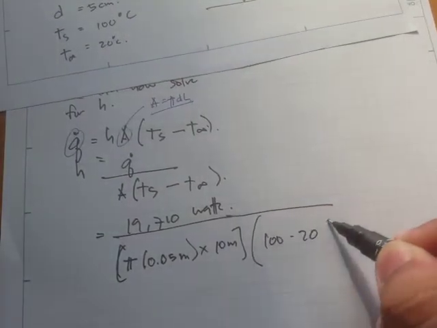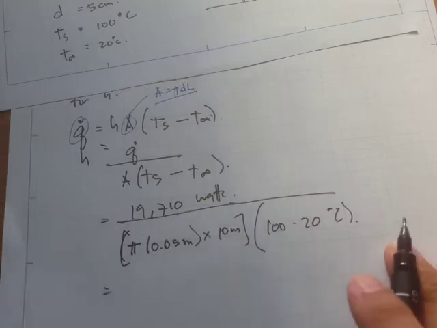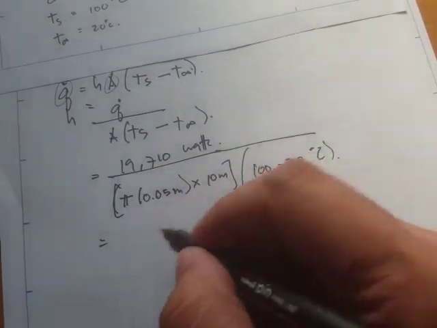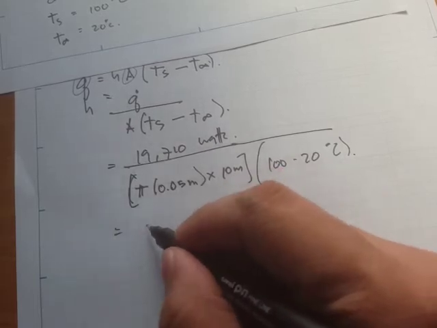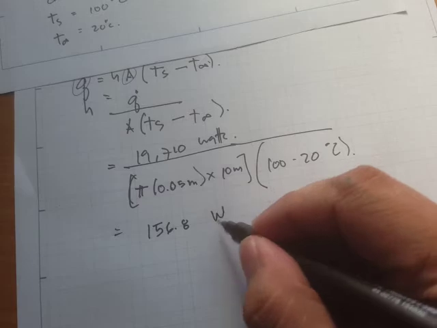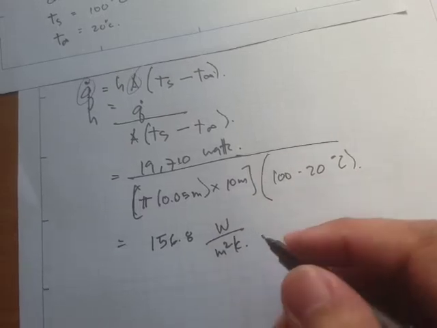What's the surface temperature? 100 minus 20, so 100 minus 20 in degrees C. So h is equal to, if you do the computation, 156.8 watts per meter squared Kelvin.